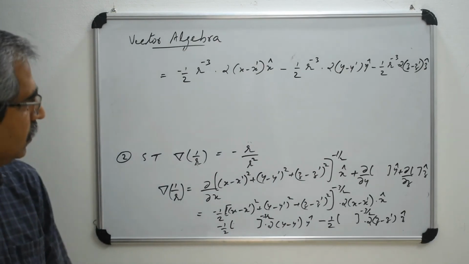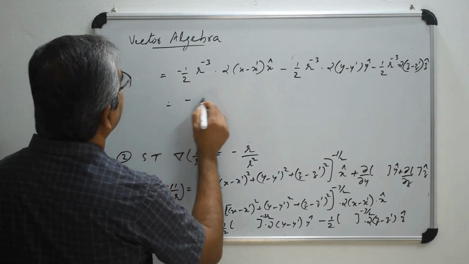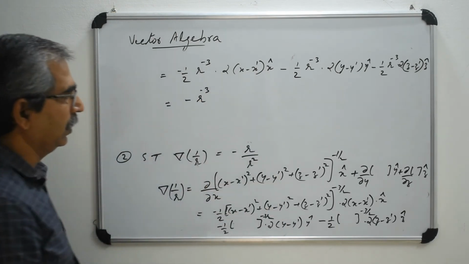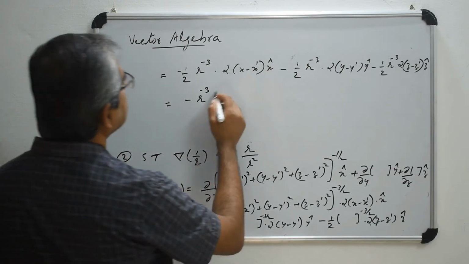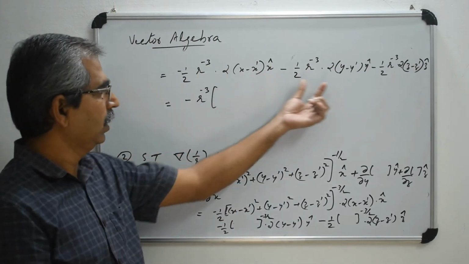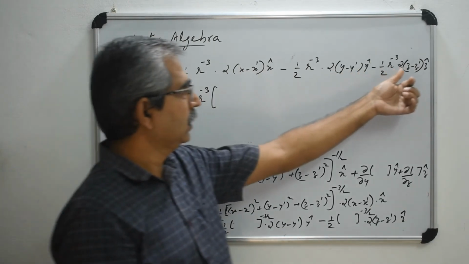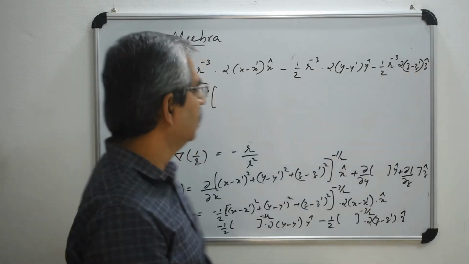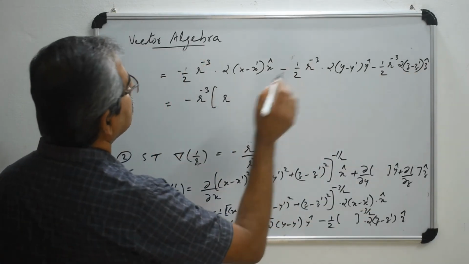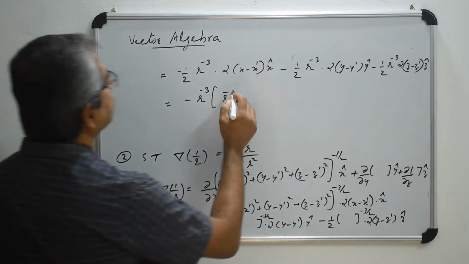Okay. Now 2 cancels. So this is equal to minus r raised to minus 3 into, what is remaining is x minus x dash into x cap plus y minus y dash into y cap plus z minus z dash into z cap. So that is equal to r bar, isn't it? Okay.